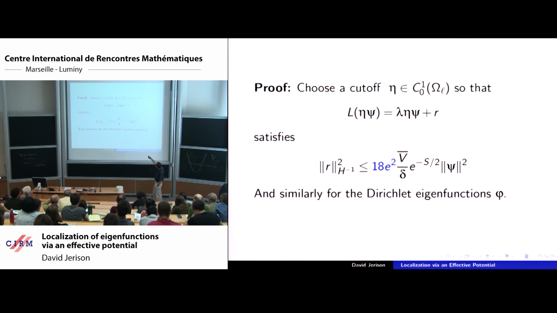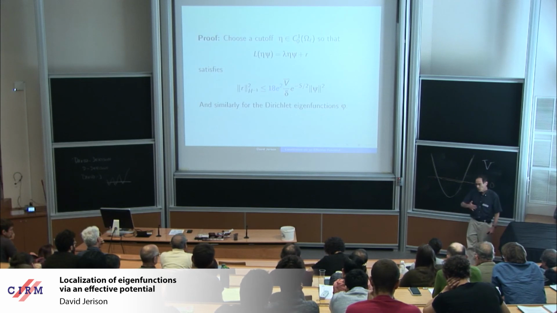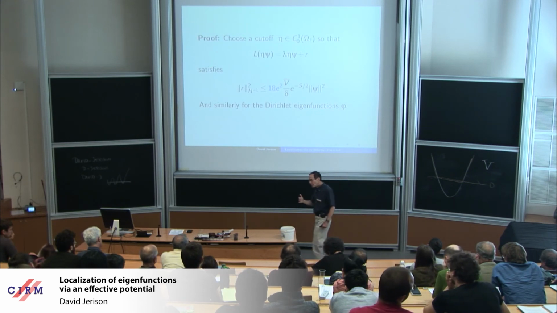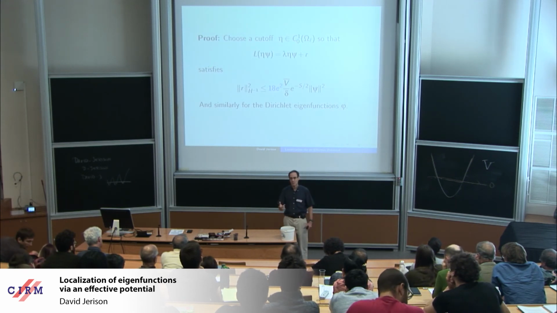So now how do you estimate the error? Well, I guess this is one subtle point which I sort of didn't emphasize enough. We don't just get exponential decay of psi, we also get exponential decay of its gradient.